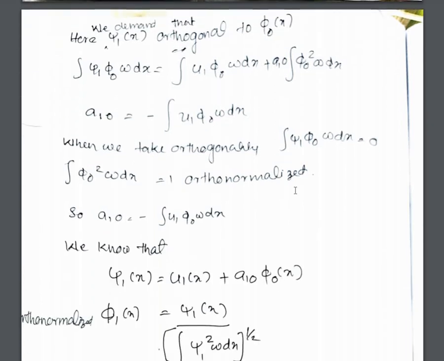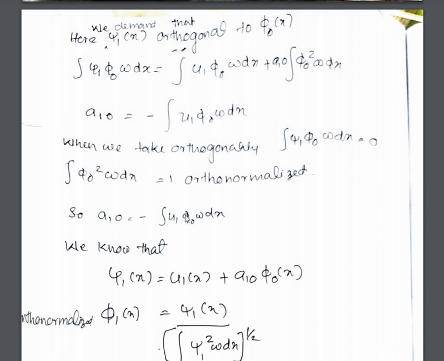When we take the orthogonality condition, integral psi 1 phi 0 of x w of x is equal to 0, and the orthonormal condition, that is integral phi 0 square of x w of x dx equal to 1, we will get a10 is equal to minus integral u1 phi 0 of x w of x dx. So we know that.